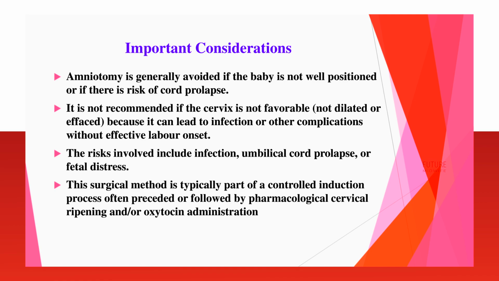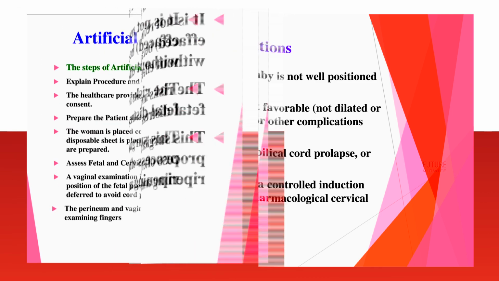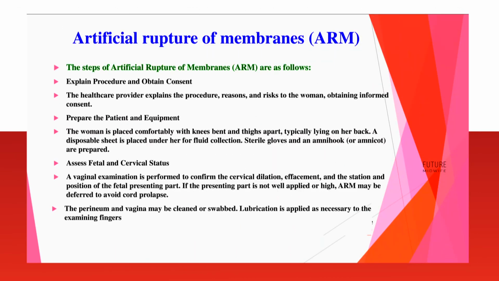The risks involved include infection, umbilical cord prolapse, or fetal distress. This surgical method is typically part of a controlled induction process, often preceded or followed by pharmacological cervical ripening and or oxytocin administration. Here I will explain the steps of artificial rupture of membrane.